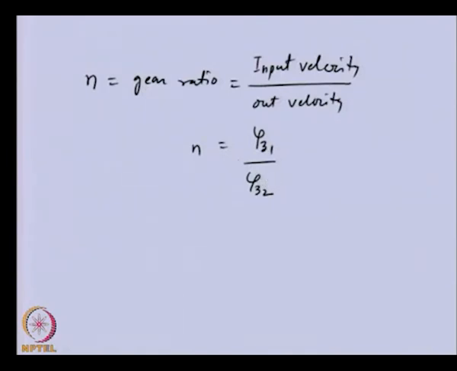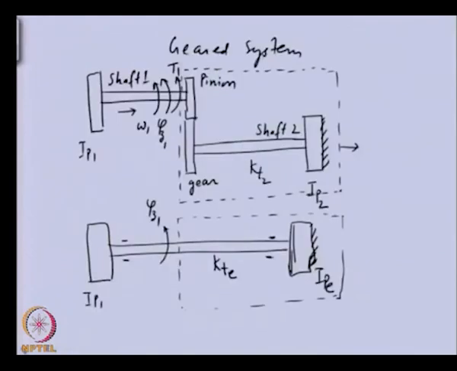You can see that when we are giving phi Z1 input to this particular gear, it will have opposite motion and different angular displacement. Similarly, the nominal speeds will be different, and torque will also be different. So, these are all at the location of the gear. This is the pinion and this is the gear.